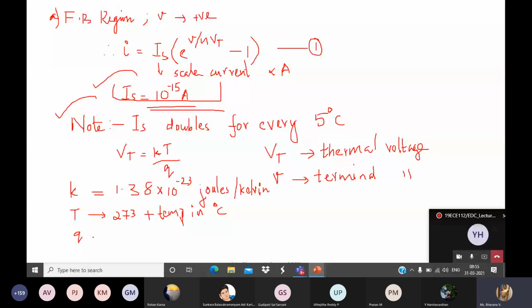And what is Q? Charge of an electron. Absolutely right. The magnitude of the electronic charge. So can you tell me what the charge is? 1.6 into 10 power minus 19. Absolutely right. What is the unit of charge? Coulomb.